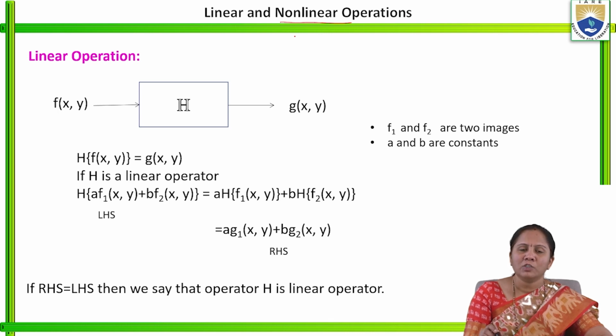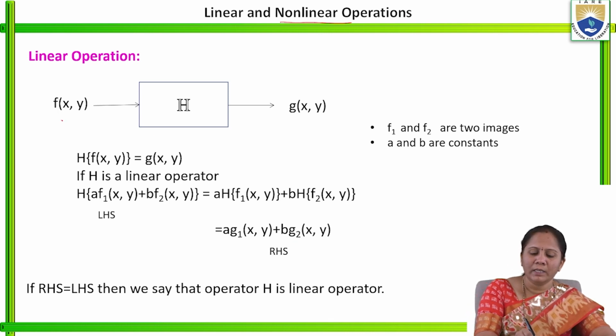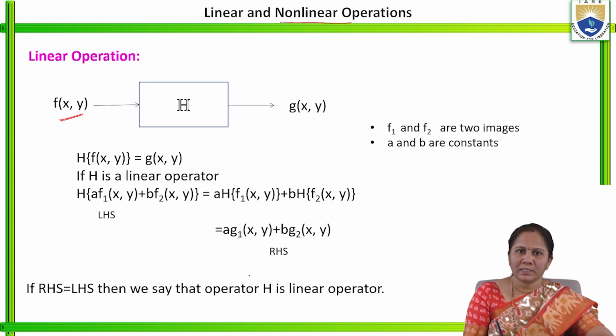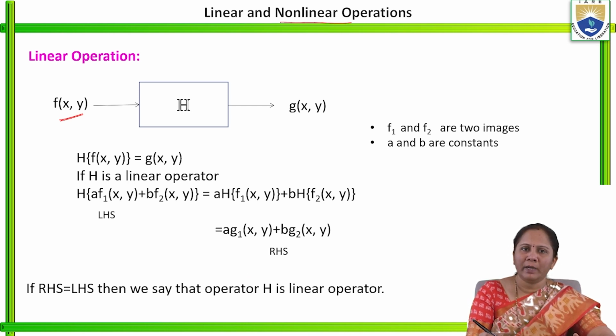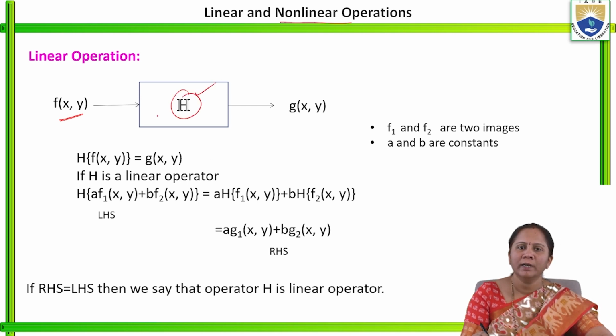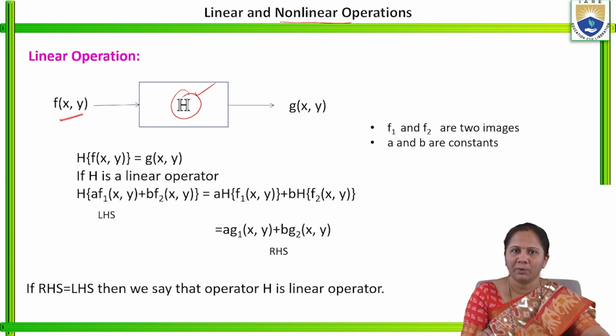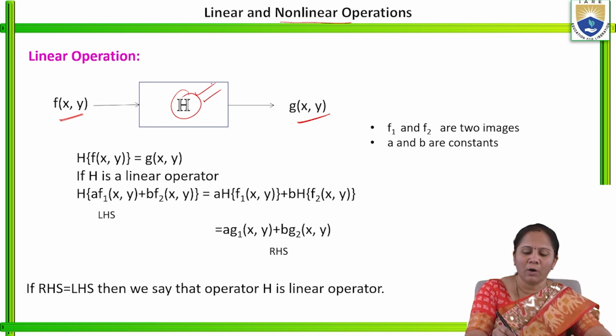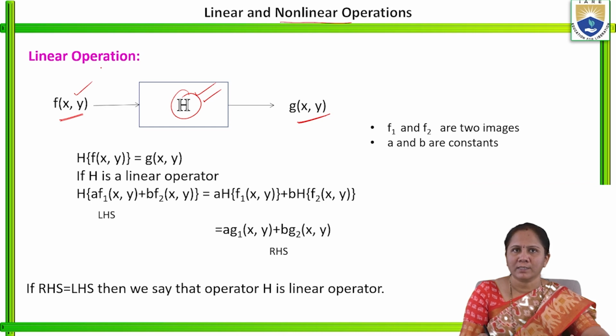Let us consider an image f of x comma y, and if you apply any operation on the image, here h is the operator that we are going to perform on the image f of x comma y, then the output we are getting will again be an image, but a modified image g of x comma y. That means the output we got is g of x comma y after performing some operation on the input image f of x comma y.